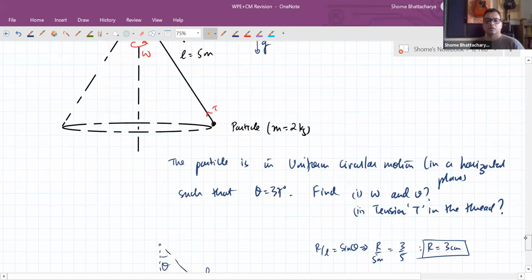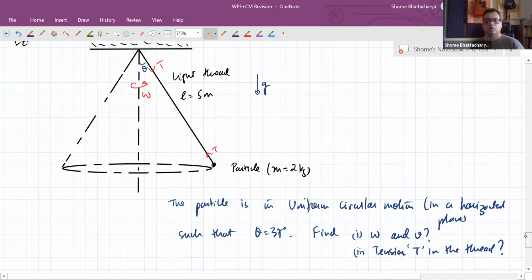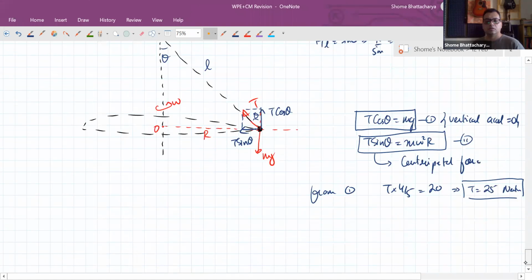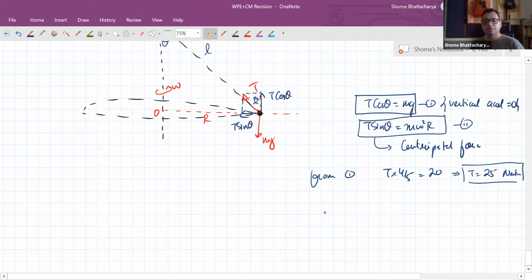And yeah, so the tension is becoming 25 newtons. And from equation 2, T into 3 by 5 is equal to 2 into omega square into 3. So we just saw that tension is 25.